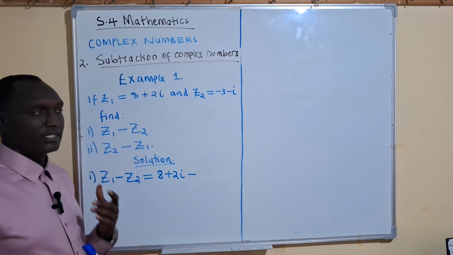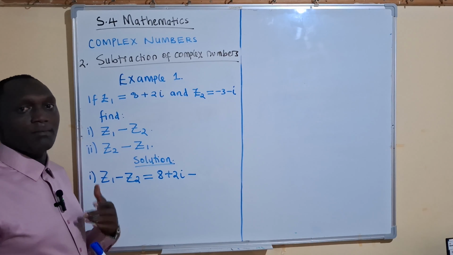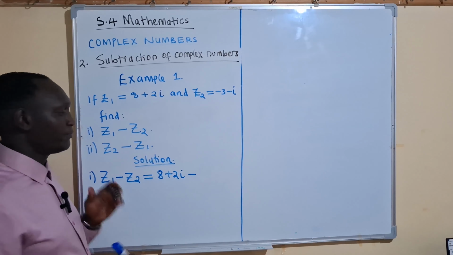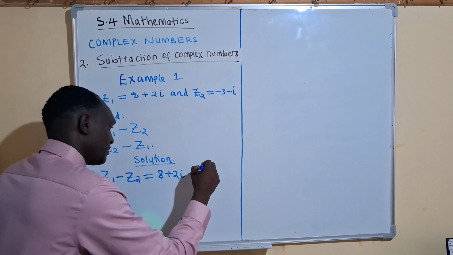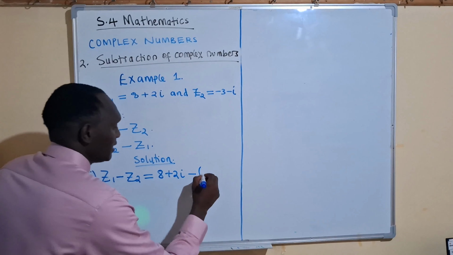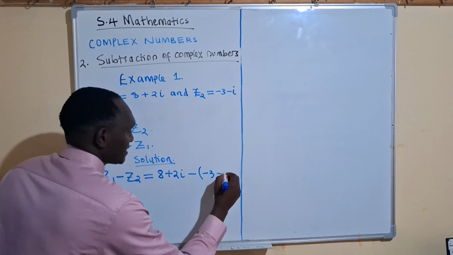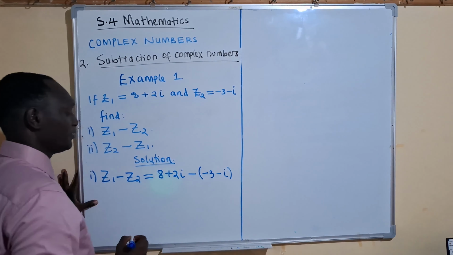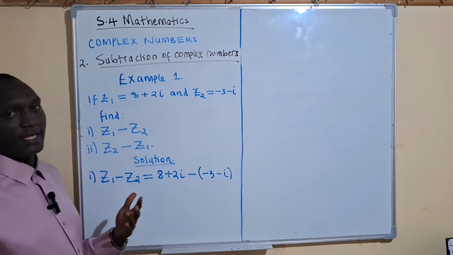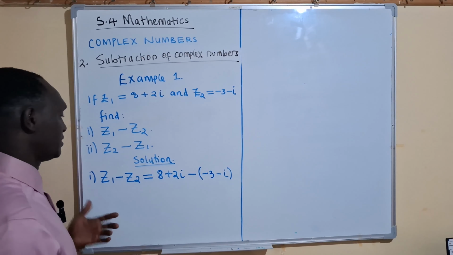So the moment you are subtracting away more than one term, you put a bracket. So we shall say minus, open a bracket, then you put that term as a whole, negative 3 minus i. That's how you subtract away a group of terms.